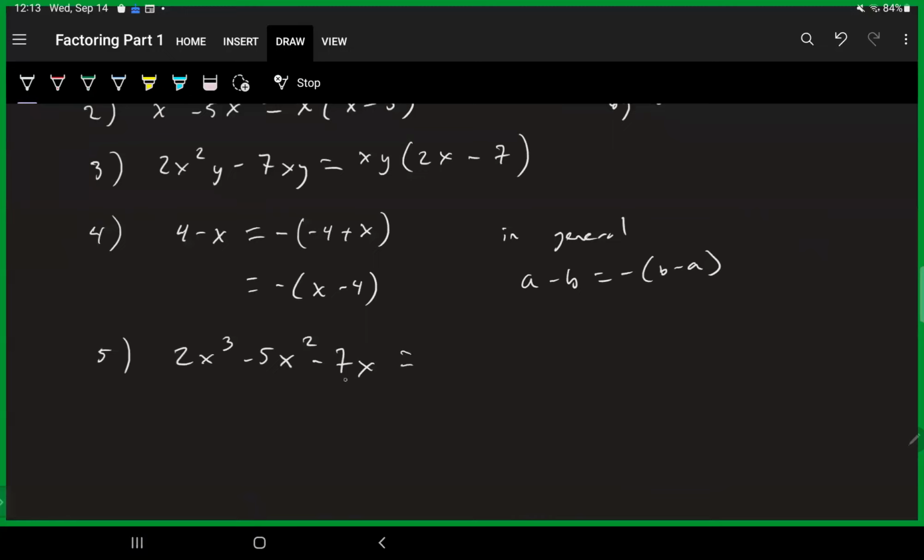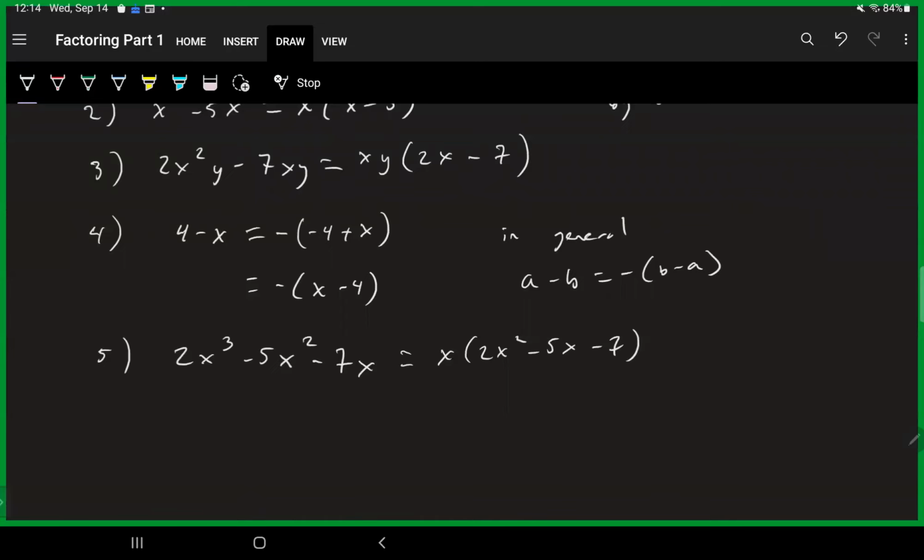If I look at my coefficients, there's no common factor there. They're all prime numbers. So factoring out a negative is not going to do too much here because it's in descending order. But I do recognize there's an x in each part. If I factor out an x from each term, I'm going to get 2x squared minus 5x minus 7 with an x on the outside.